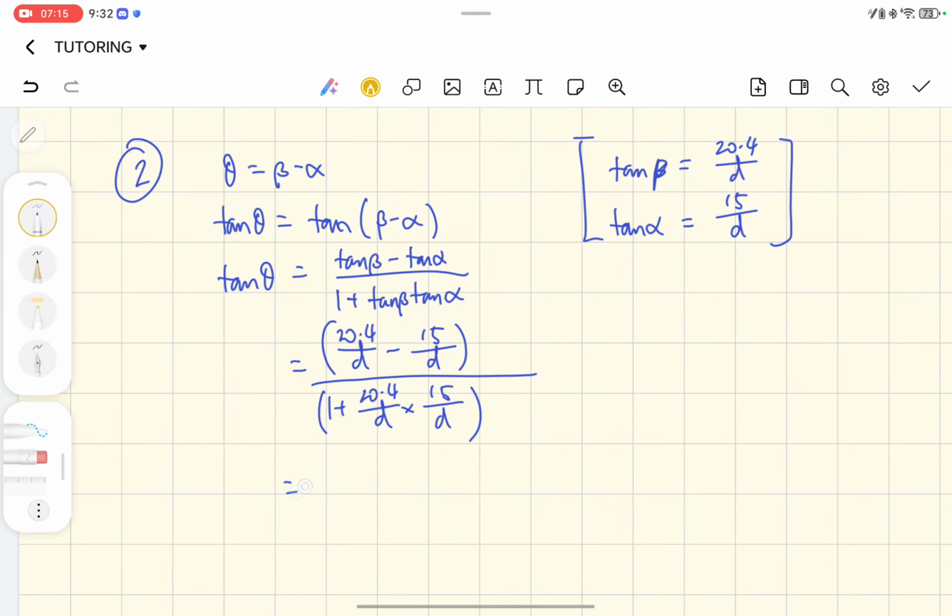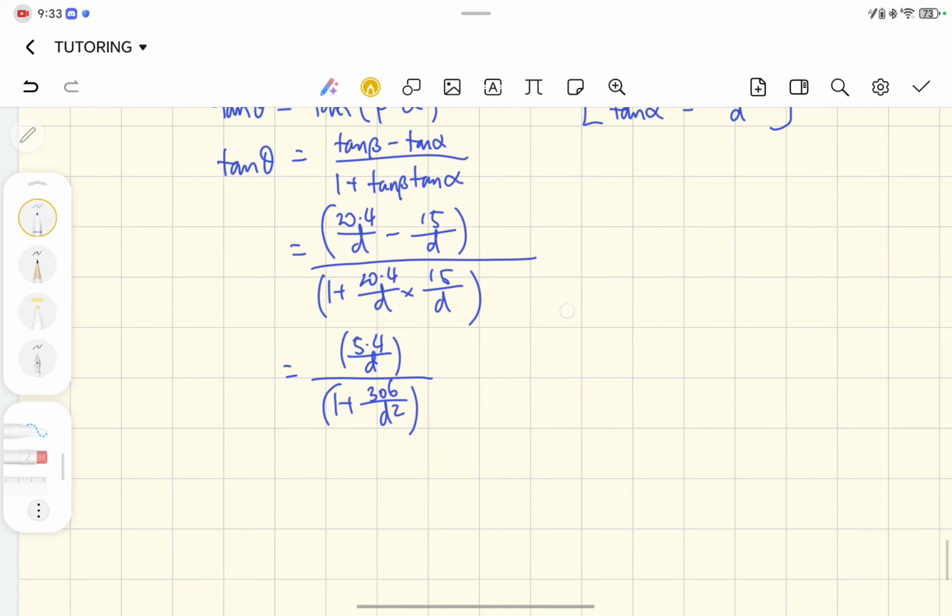This becomes 5.4 over d on the top, and at the bottom it will be 1 plus 15 times 20.4, which is 306, over d squared. I'm going to keep simplifying. It becomes 5.4 over d over 306 plus d squared over d squared.